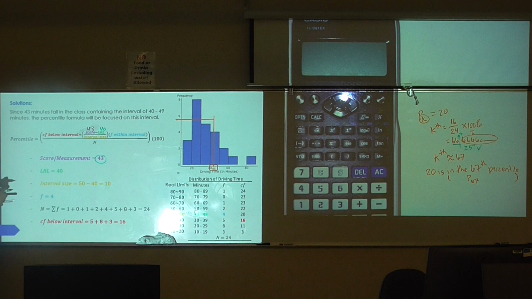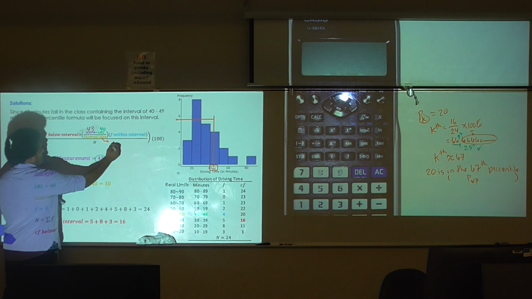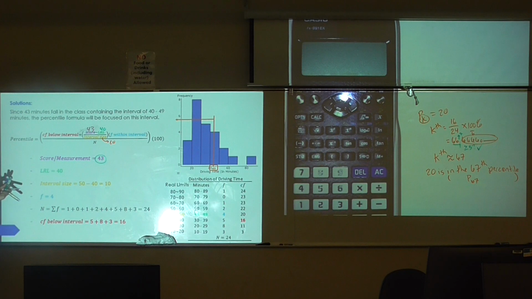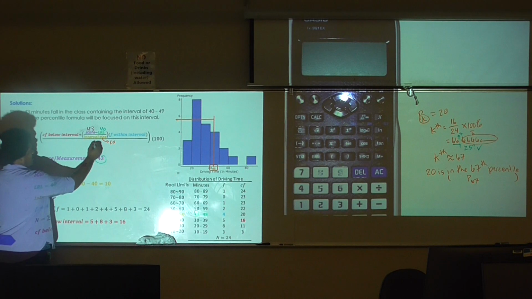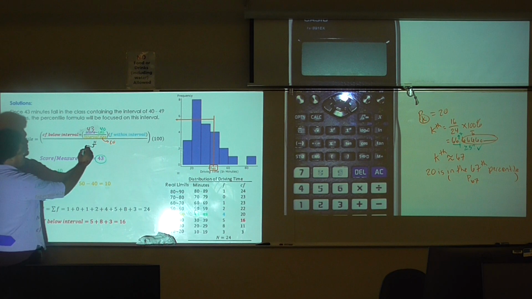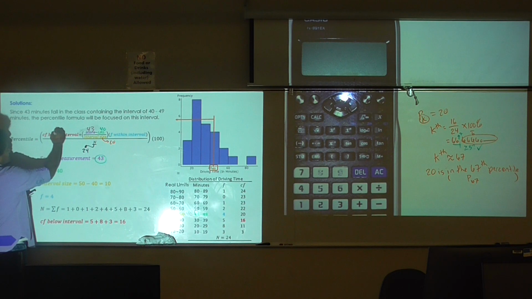Right below where we have our interval size, which I put in orange, this guy here is supposed to be the interval size of 10. Right below that we have our n, and we know that is supposed to be our 24. We found that the cumulative frequency was supposed to be 16, so 16 will be going right here.